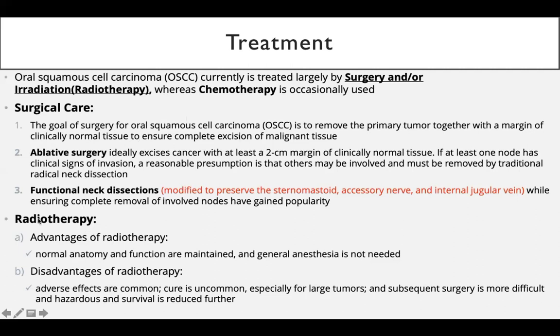Now we go to the radiotherapy. We have advantages and disadvantages of radiotherapy. What are those? Advantages: the normal anatomy and functions are maintained.